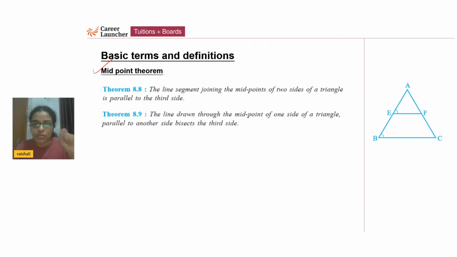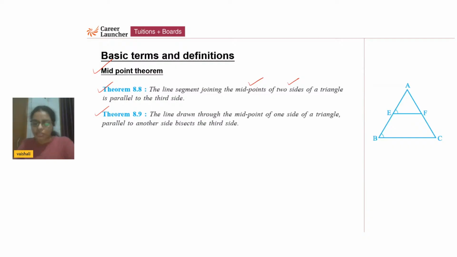So it's a very important theorem and it's basically covered in these 2 points as you can see right over here. So what it says is, if we have a line segment which is joining the midpoints of two sides, then it is parallel to the third side.